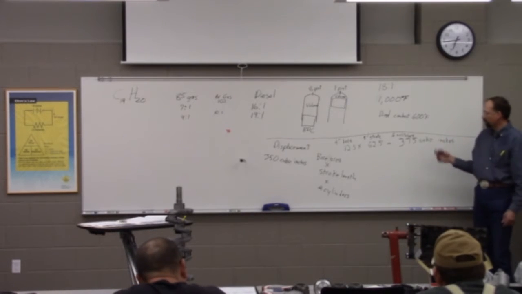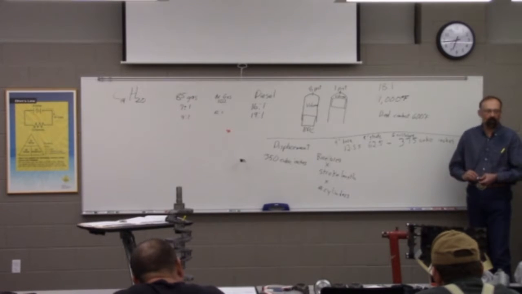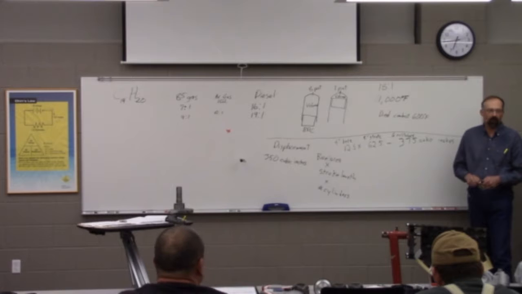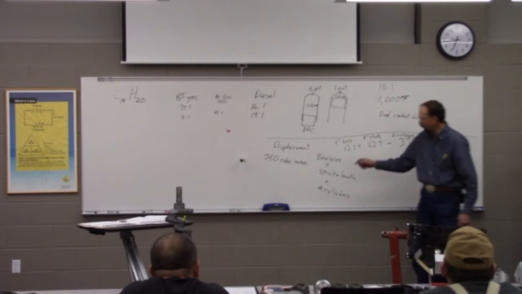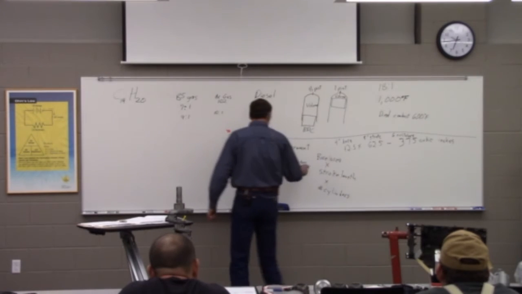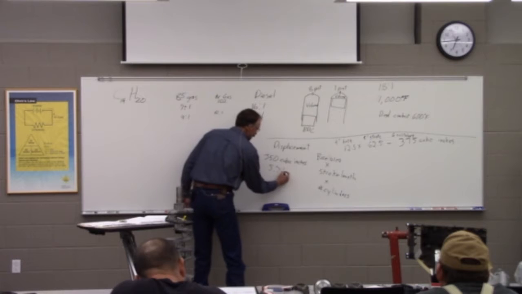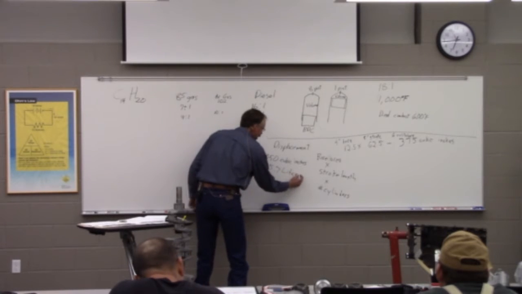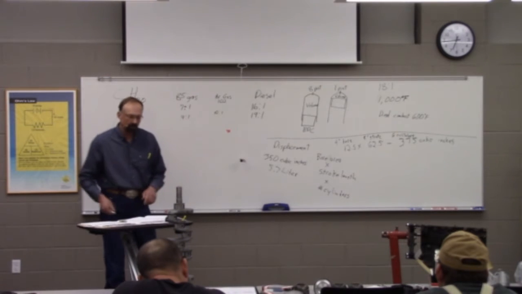Now in the English system, we look at cubic inches. In metric, it's typically referred to in liters. But for example, I just happen to know this 350 cubic inches happens to be about 5.7 liters. But all that number's doing is giving us a little bit of an idea how big the engine is.